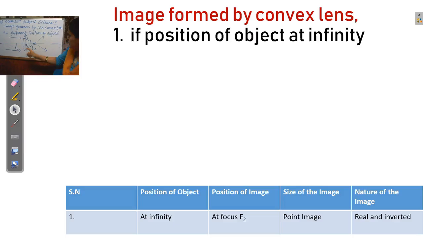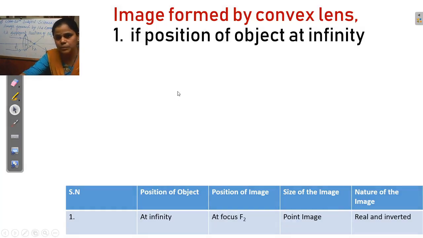So it is clear: the position of the image is at focus, because the rays intersect at this point, and that is F2, the principal focus. The size of the image is a point image, because the intersection point lies on the principal axis. It's clear, and the nature is real and inverted.